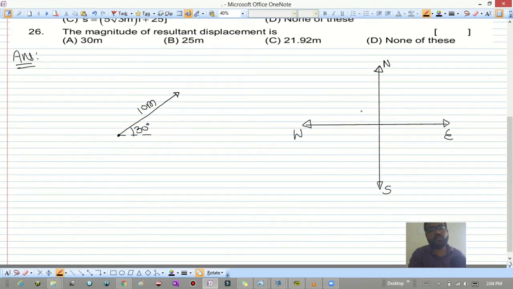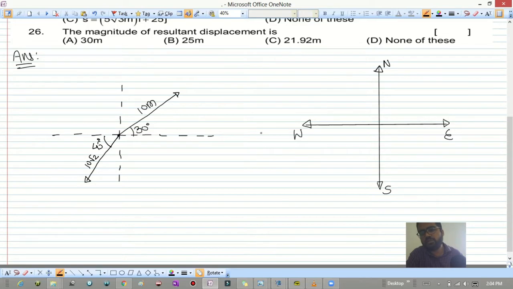So it is given, after this it moves 10 root 2 southwest direction as in exactly at an angle of 45 degree.